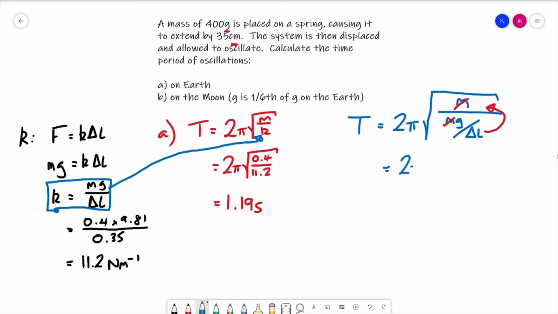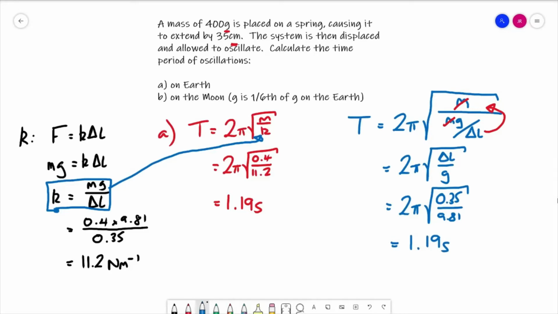And what we're left with is 2 pi root delta L over g. It's funny how these equations tend to end up looking quite similar to each other when you start playing around with them. Anyway, when we then plug the numbers in, so 2 pi root of 0.35 over 9.81, funnily enough, we end up with exactly the same answer of 1.19 seconds.